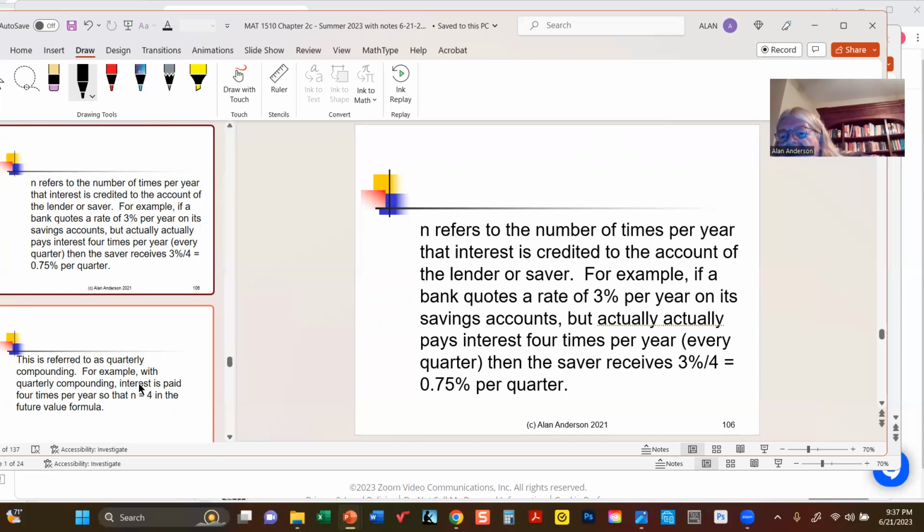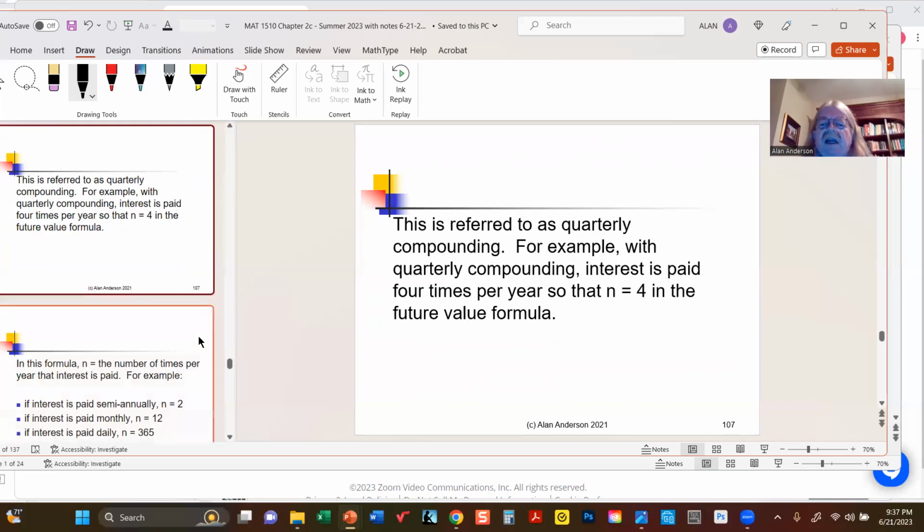Now, you might not think it makes any real difference how often the interest is paid to you, but in reality, it turns out that the more often the interest is paid, the more interest you'll actually earn. So that's very helpful if you're lending or investing your money. But on the other hand, if you're the borrower who's paying interest, that's not such good news because it means that you're paying more interest.